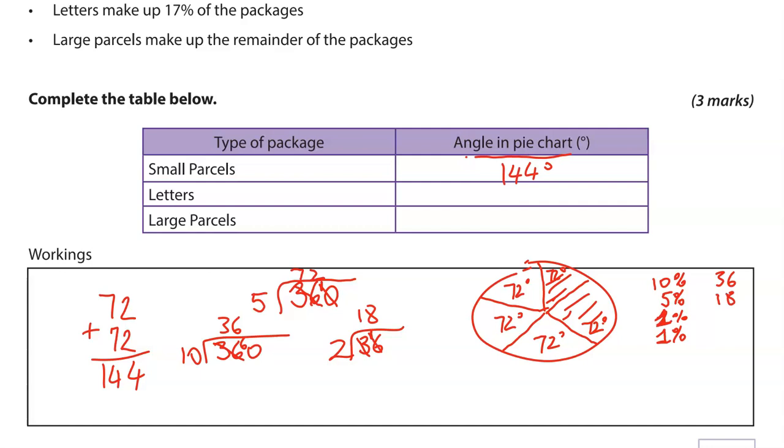What about 1%? So 1% is like dividing the whole amount by 100. Not just 10, by 100. So 360 divided by 100. How many hundreds fit into 300? That is 3 of them. So we then have 60 remaining.